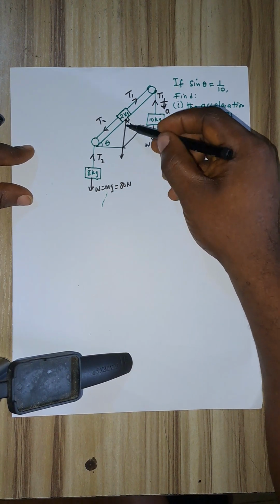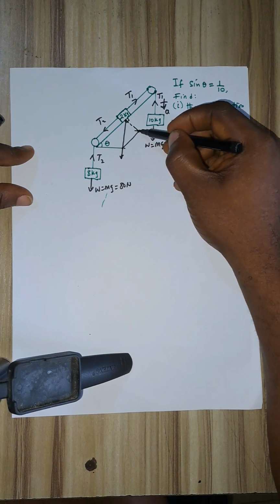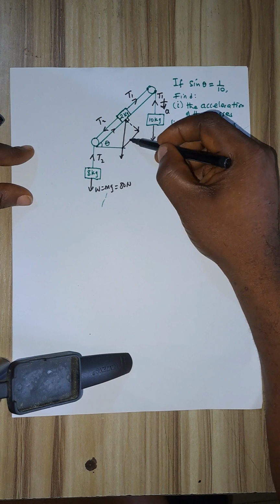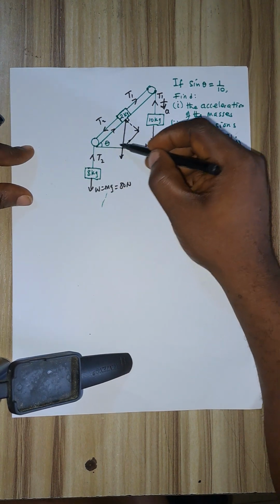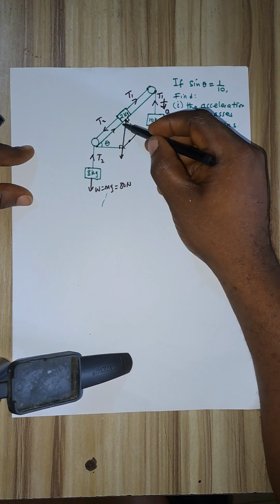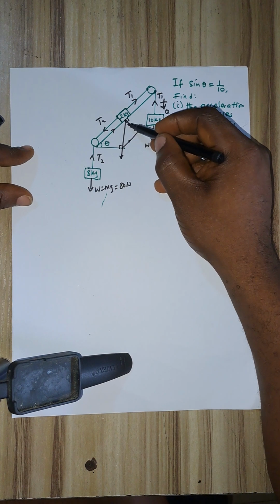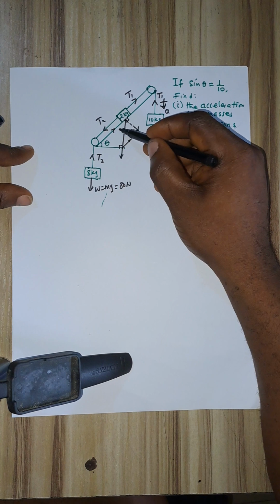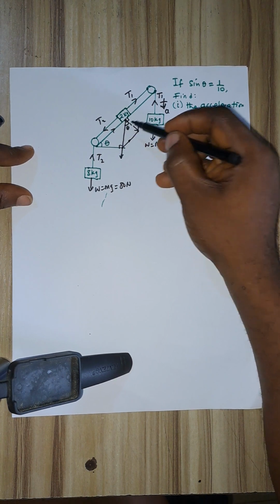So this weight acting this way is a summation of forces. Of course, this is theta. These two lines are parallel. This is theta, this is 90 degrees. So here will be 90 minus theta. So here will be 90 minus theta plus 90. So here will be theta.